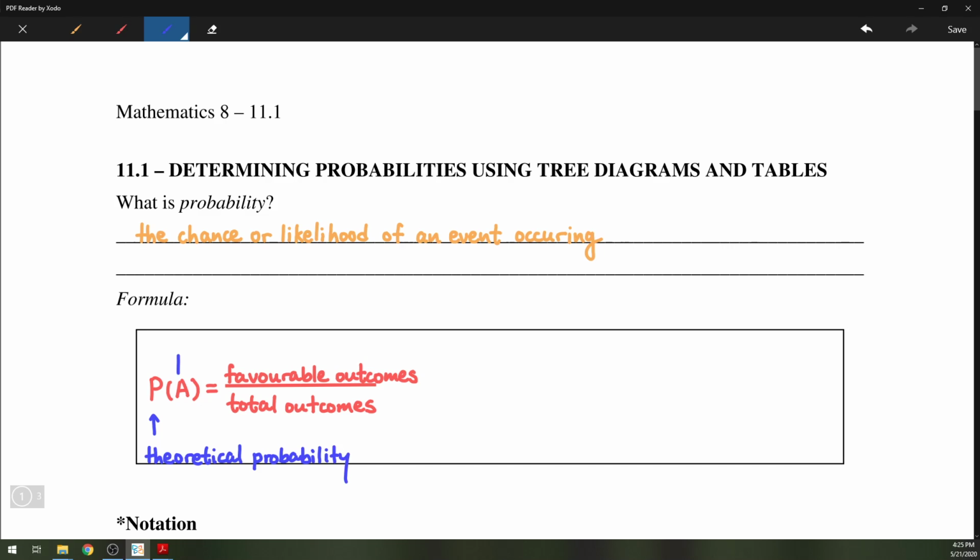Okay, what we put here is an event. Usually we denote it with a single letter, but sometimes you can just write the description of the event itself. Okay, so a quick example of this would be, let's say you roll a die, six-sided.